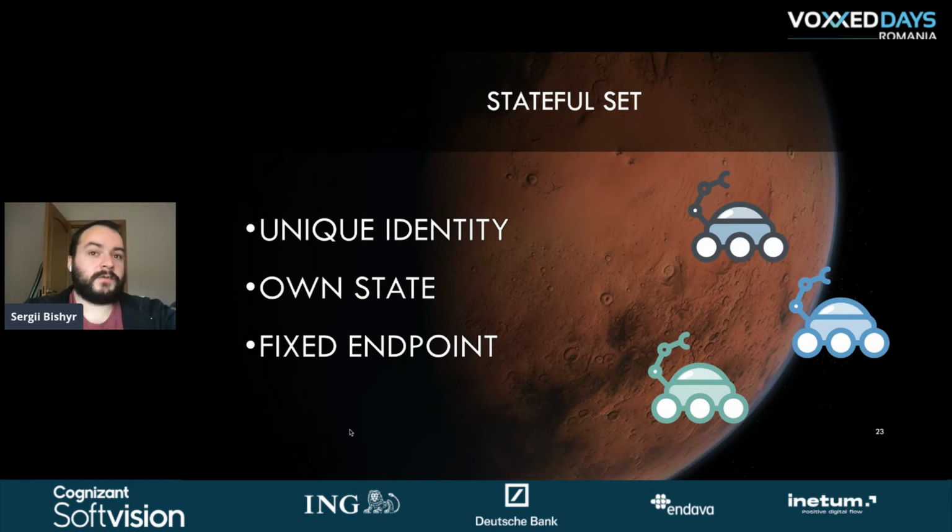And it also has a fixed endpoint. So if the application crashes and starts again, you will have the same fixed endpoint that you can connect to your instance. It's a bit harder than for a stateless application because you don't have everything out of the box, but you have this set of features that will allow you to build your stateful application to run in Kubernetes.